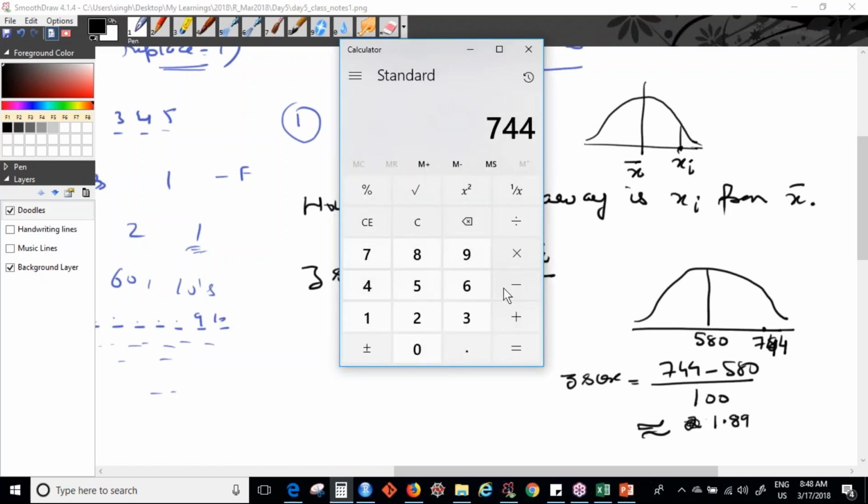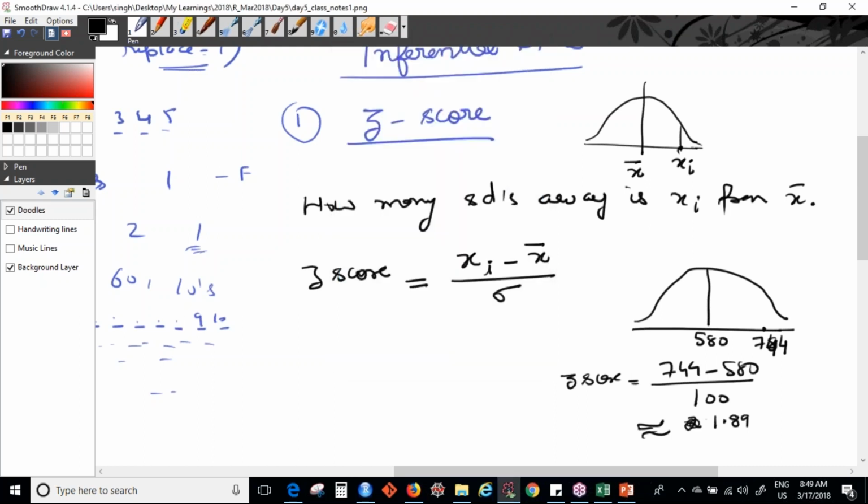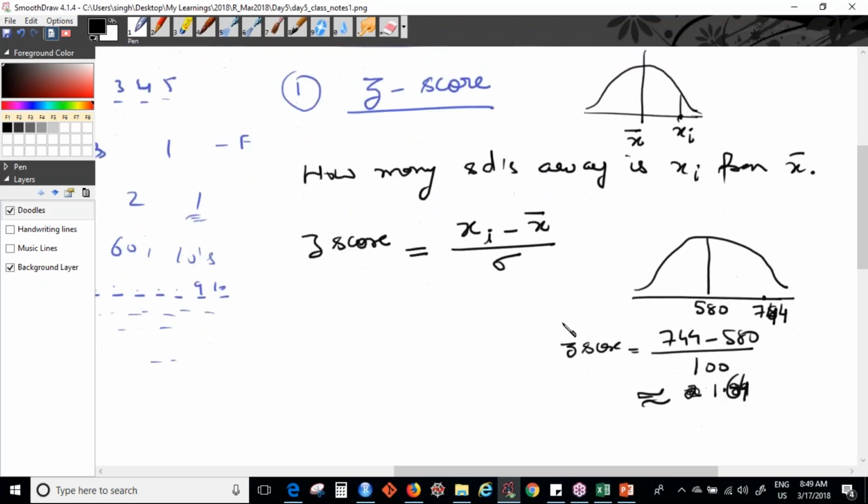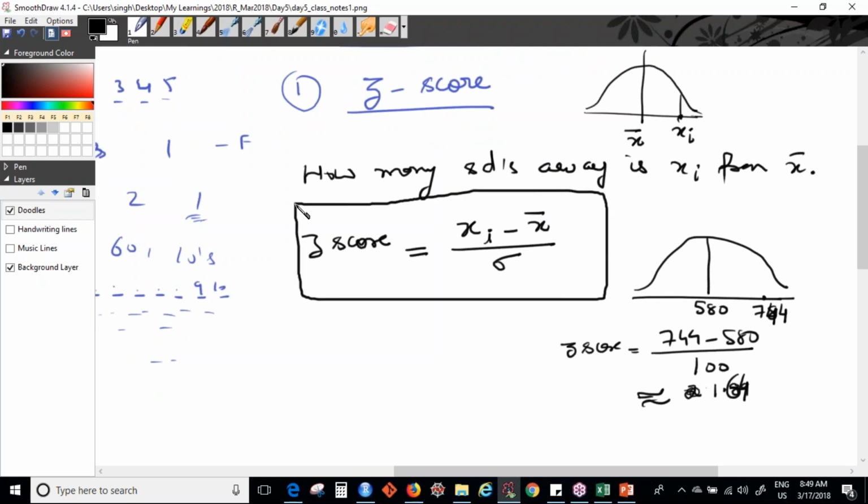So 744 minus 580, so you will get 1.64. Okay, so this is how you find the z-score. Is that clear, guys? This is plain and simple, right? There's nothing much to understand here, just a simple formula.